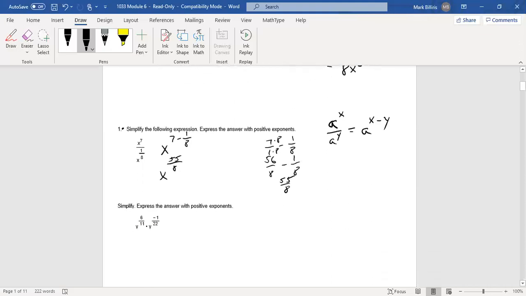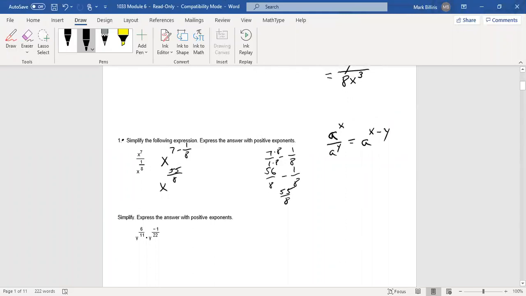Okay, next, notice we're multiplying like bases. When we multiply like bases, the base remains the same, and we add the exponents. So we'd have y to the 6 over 11 plus -1 over 22. In order to combine, we need to get a common denominator, and our common denominator would be 22.